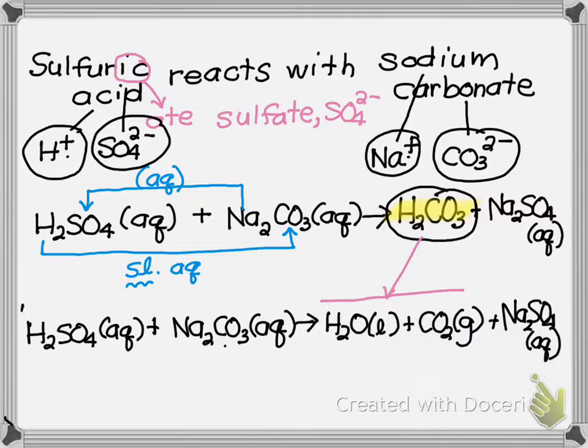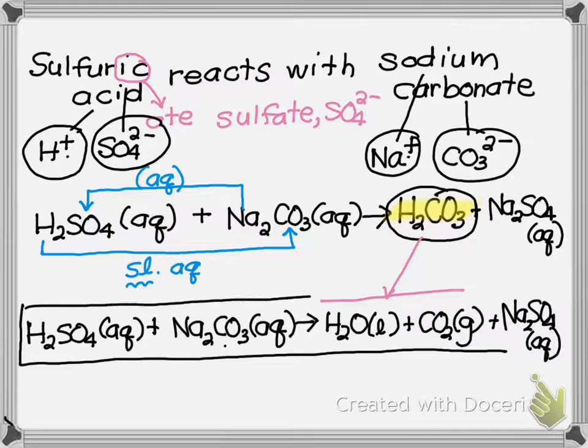So it's balanced. And so the equation ends up being this, and that's a 2 right there. It's an Na. See if I can erase it and make it clearer.